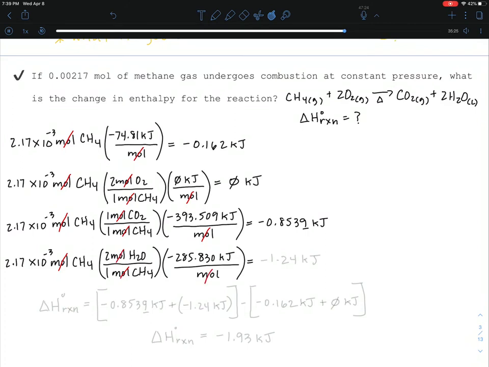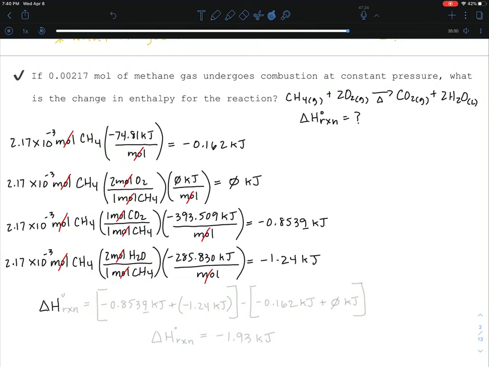The moles of water are going to go away, and I'm left with just the energy associated with that process. Negative 1.24 kilojoules of energy. So if we use less than 1 mole of methane, then we're going to produce less energy for the water. So we can put this all together, same way we did before.